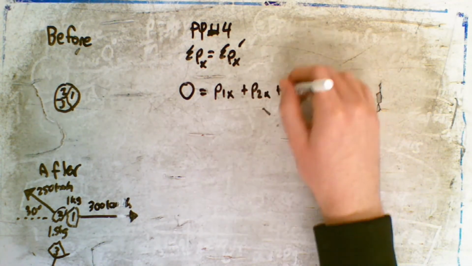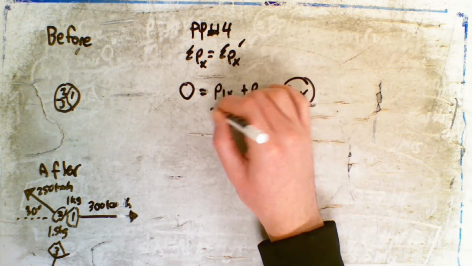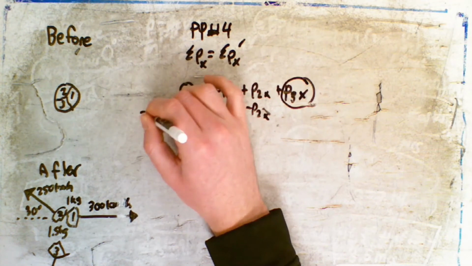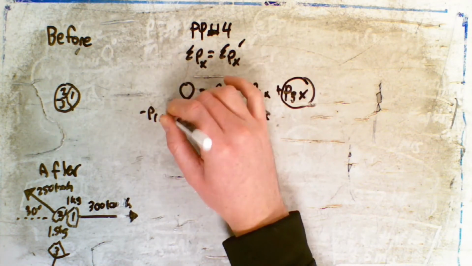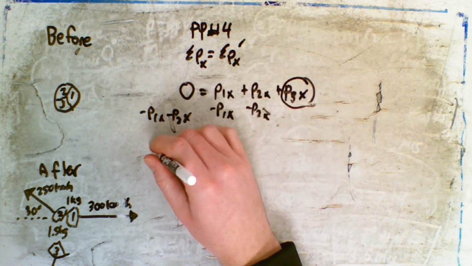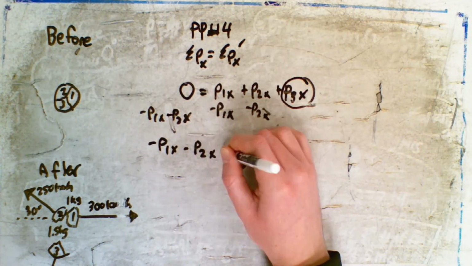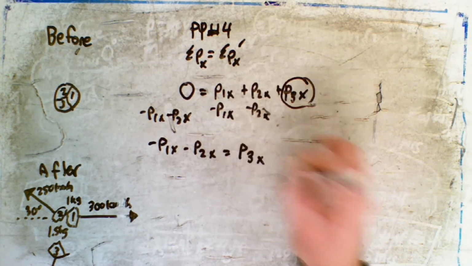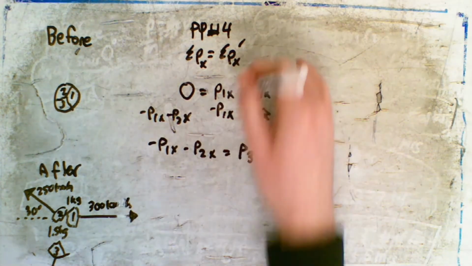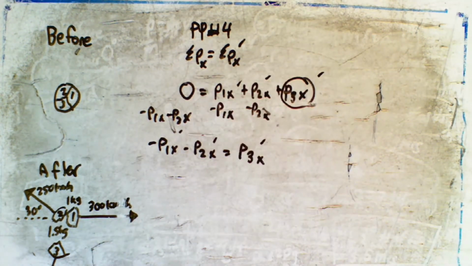We want to find out momentum 3 in the x, so I'll subtract p2x, subtract p1x from both sides. Right, so then what I end up with is negative p1x minus p2x is equal to p3 in the x. And these are all after, but there's no before, so it doesn't really matter that much.